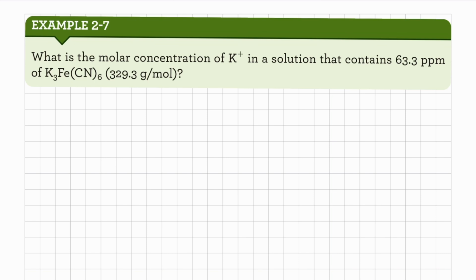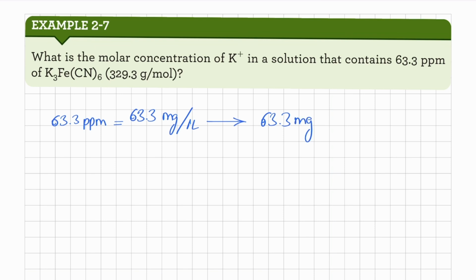Knowing this definition, we can say that 63.3 ppm also means 63.3 milligrams of solute divided by 1 liter of the solution. 1 liter of the solution is also equal to 1 kilogram of the solution here, because our solution is really dilute.